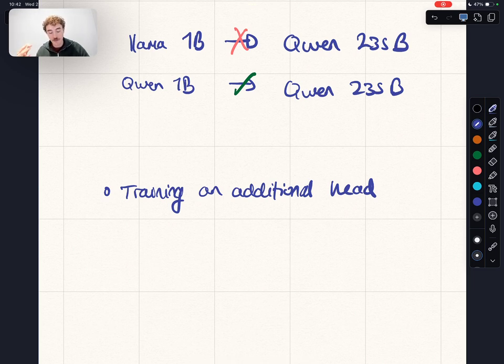So each step you get 4 or 5 additional tokens in the future, and then those become 4 or 5 speculative decoding tokens that you can check and get some speedup from. The pro of this is that you automatically share a tokenizer. The downside of this is you need to train these additional heads. It doesn't just work out of the box.